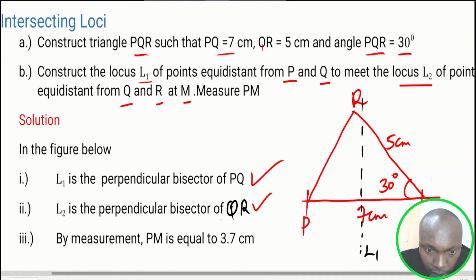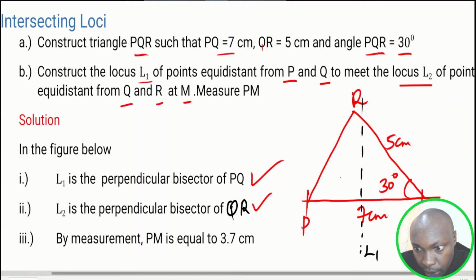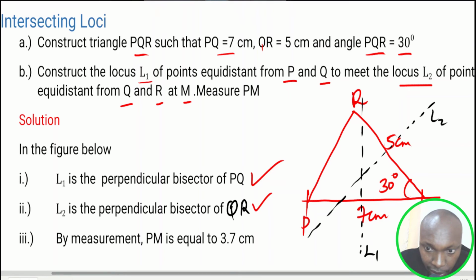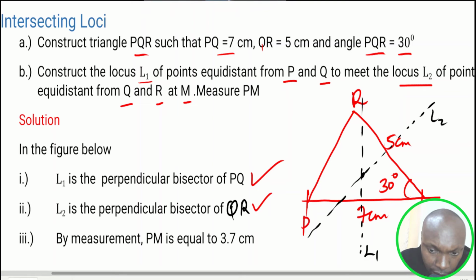QR is here. So when you construct that perpendicular bisector of QR, we shall get something like that. So this is just the sketch. So that is how we get L2. So where the two loci meet, they are meeting at this point, and that will be M. This is just a sketch.